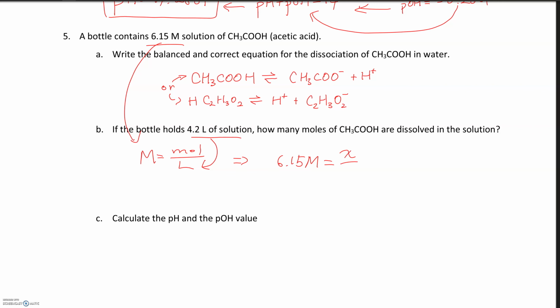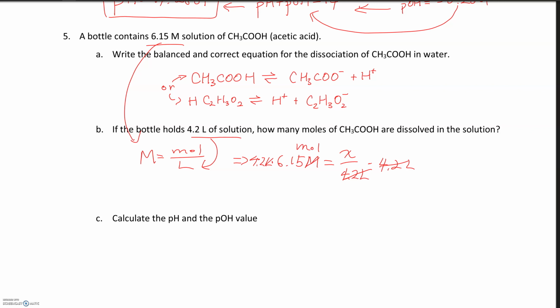x moles over 4.2 liters, which then we multiply 4.2 on each side. Alright, these can divide out, and then the units divide out, leaving us just moles.